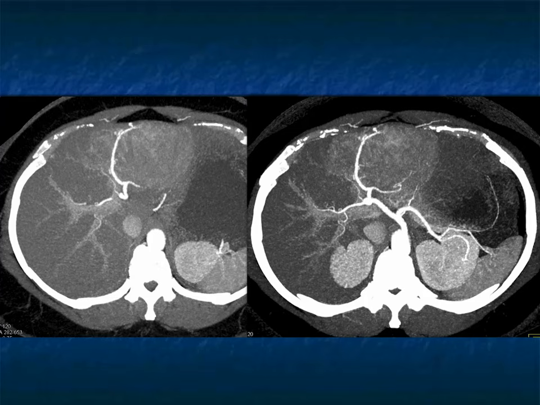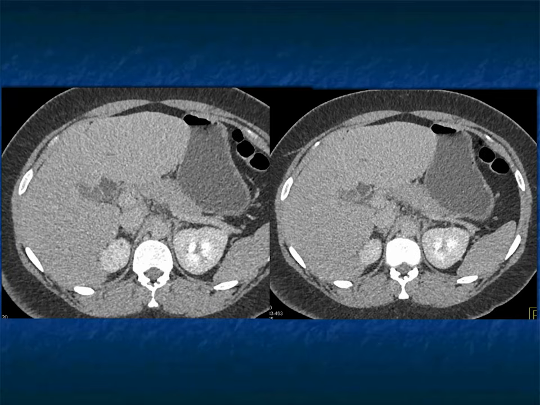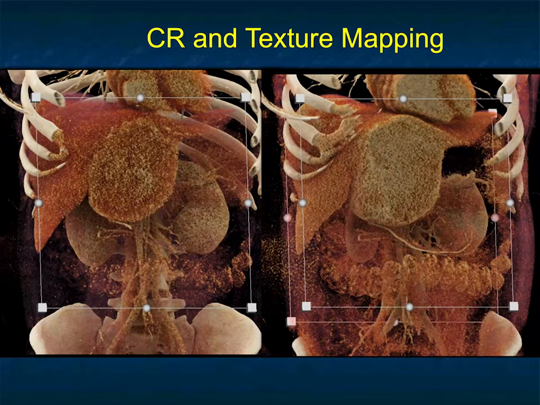You can see on the MIP imaging stretching of the left hepatic artery. And you can see that when the lesion goes to later phase, it washes out. Yes, I can see the mass effect there, but the lesion is nearly isodense. Hepatic adenomas can become nearly isodense.